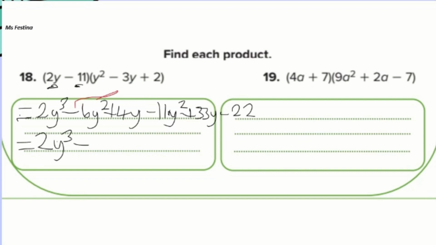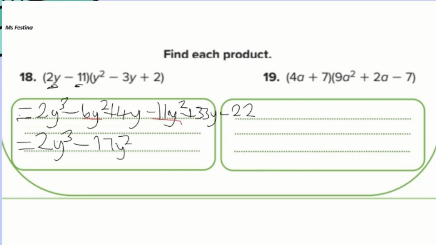Okay, let me just change that line and use a red one. So 6y squared and 11y squared. You use your calculator to add those two together. They will give you negative 17y to the power 2, or y squared.